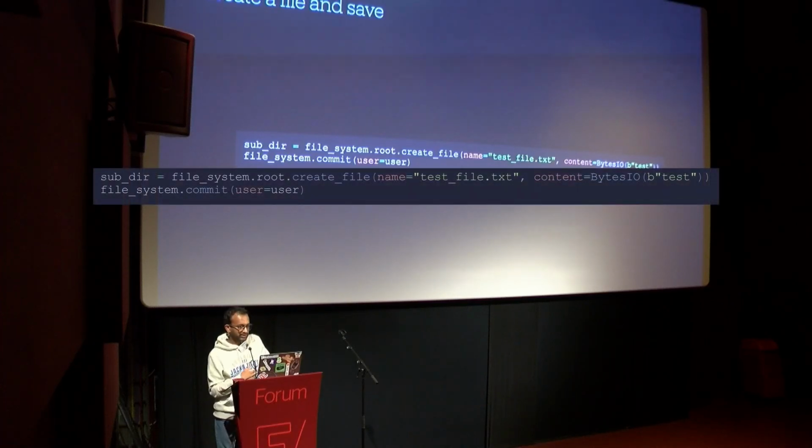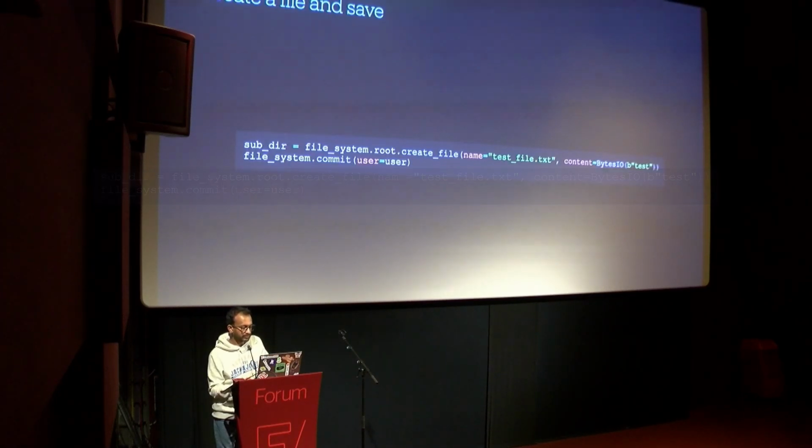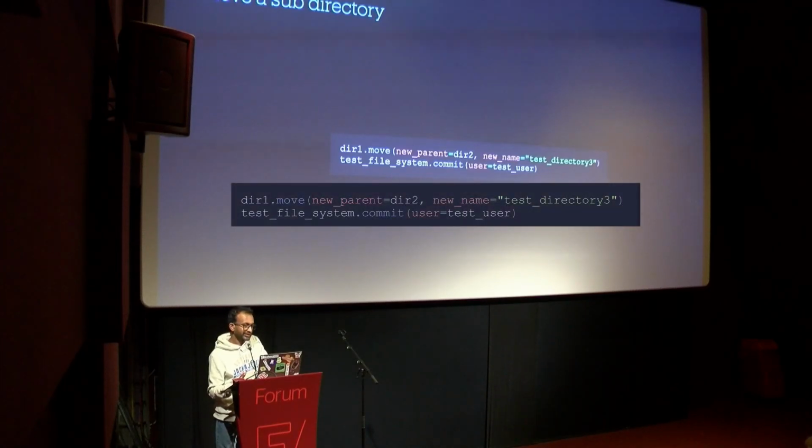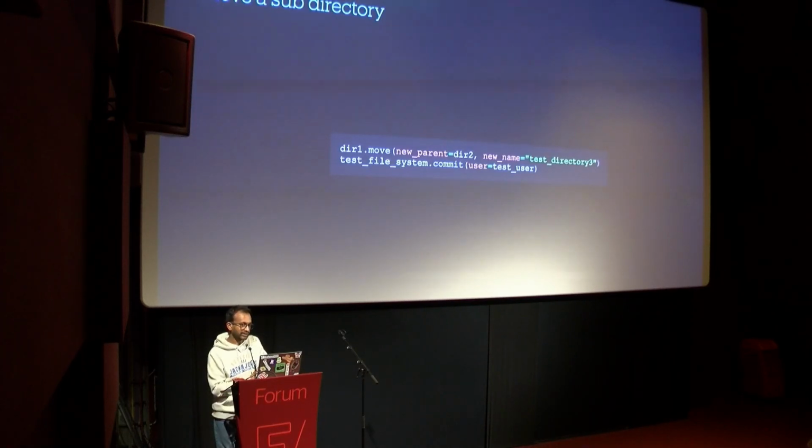Creating a file is also as simple as calling this create file function. You have to call this function on a directory object. One very tricky thing to do with Gitaly is moving a subdirectory from one place to the other. Because Gitaly works with headless repos, the concept of directories is very complicated.